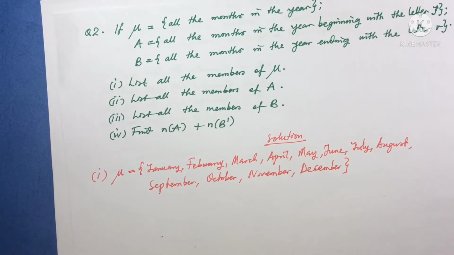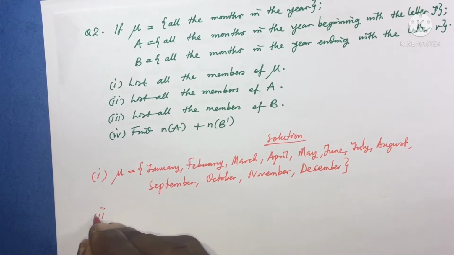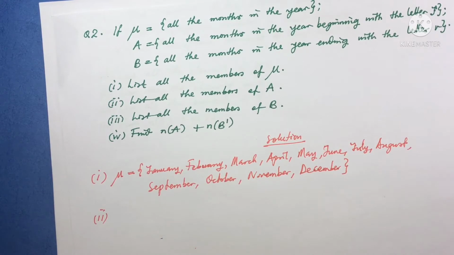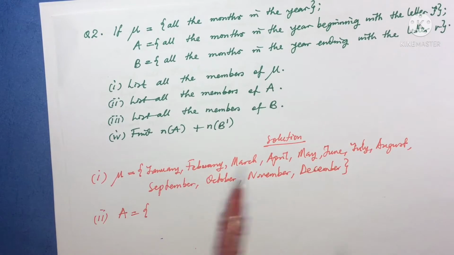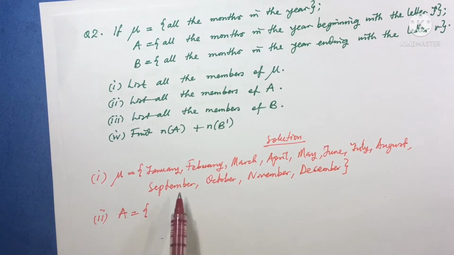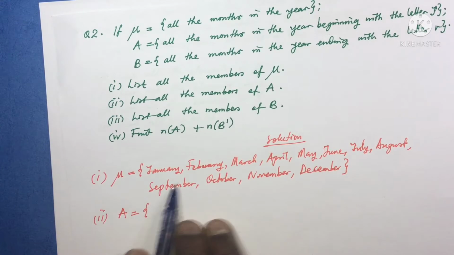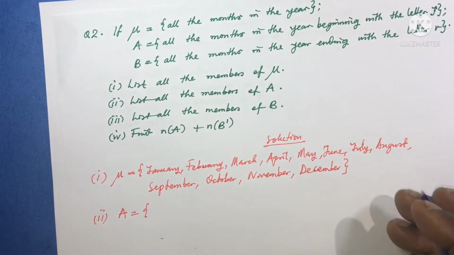Now for question number 2, A is the set of all the months in the year beginning with the letter J. So we are going to form the set A that contains all the months in the year that begin with the letter J. What months in the universal set begin with the letter J?